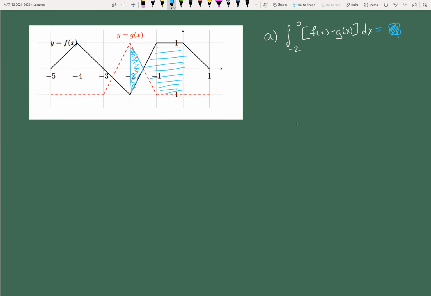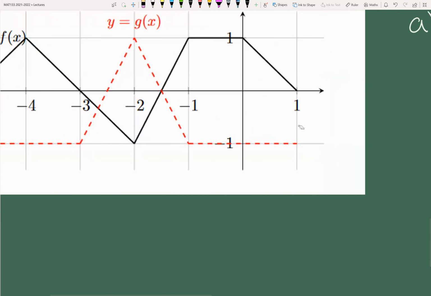Okay, but here's the thing. Let's ignore that area for now. Here's a red area and a green area. Do we agree these areas are the same size?